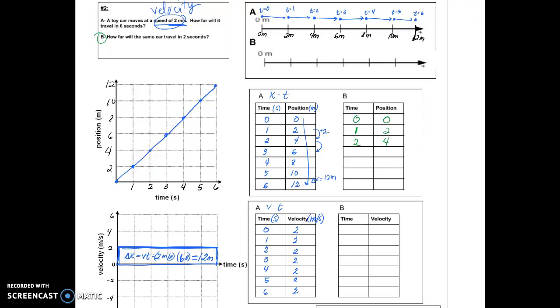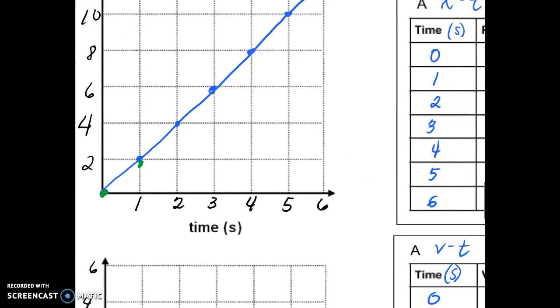So it went to 4. So on our graph, it would look like, here's where it is, here's where it is, and here's where it was at 2. So we'll just draw this line next to it. So we should see a blue line and a green line next to each other.